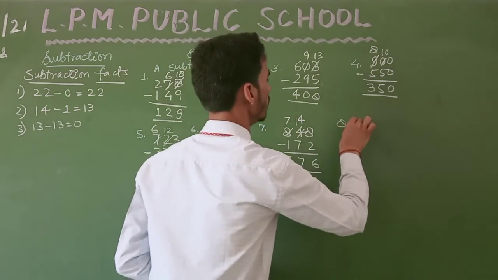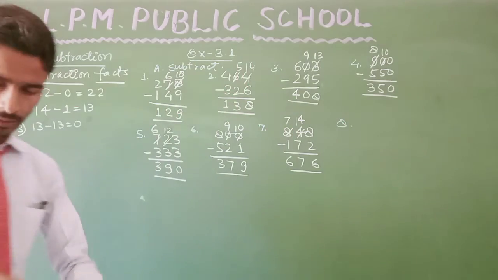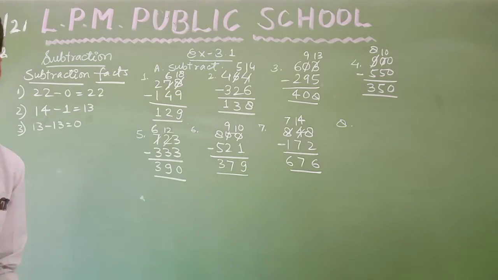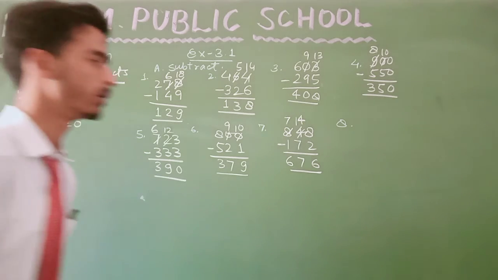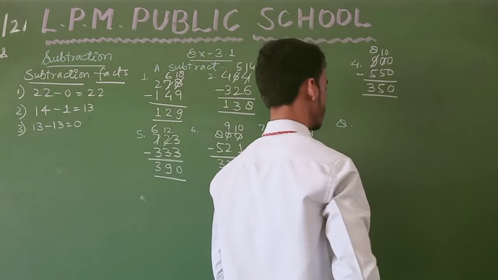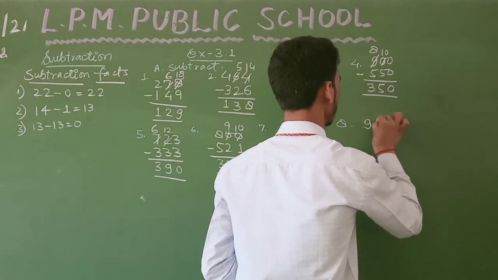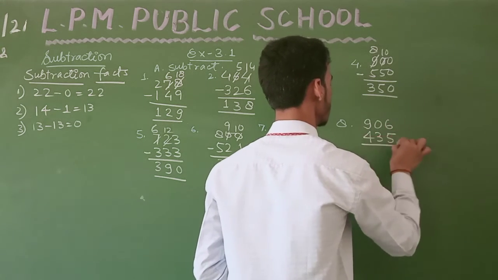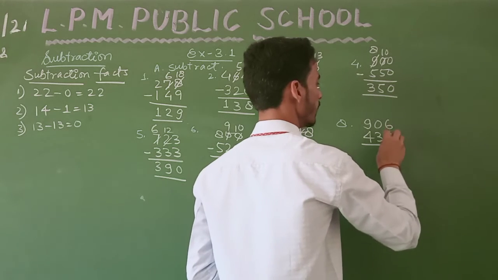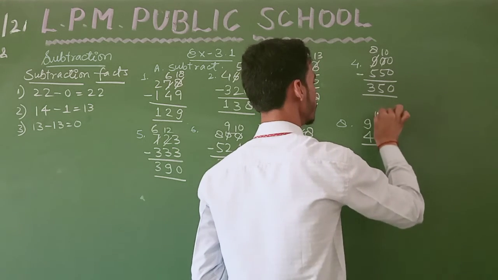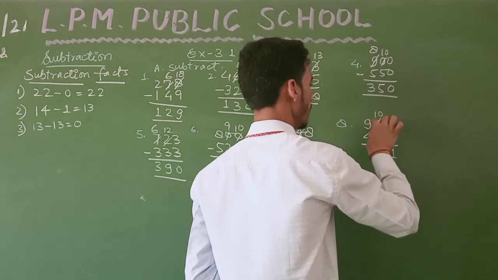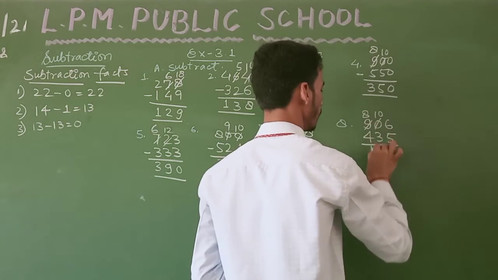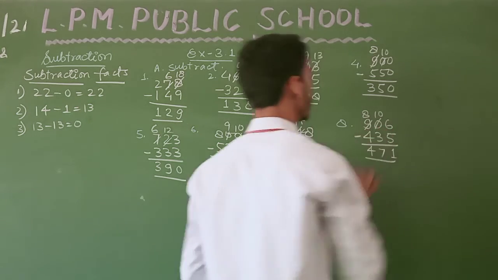And question number 8 is 906 minus 435. 6 minus 5, 1, and here will be 10 minus 3, 7, and here will be 8 minus 4, 4. That is 471.